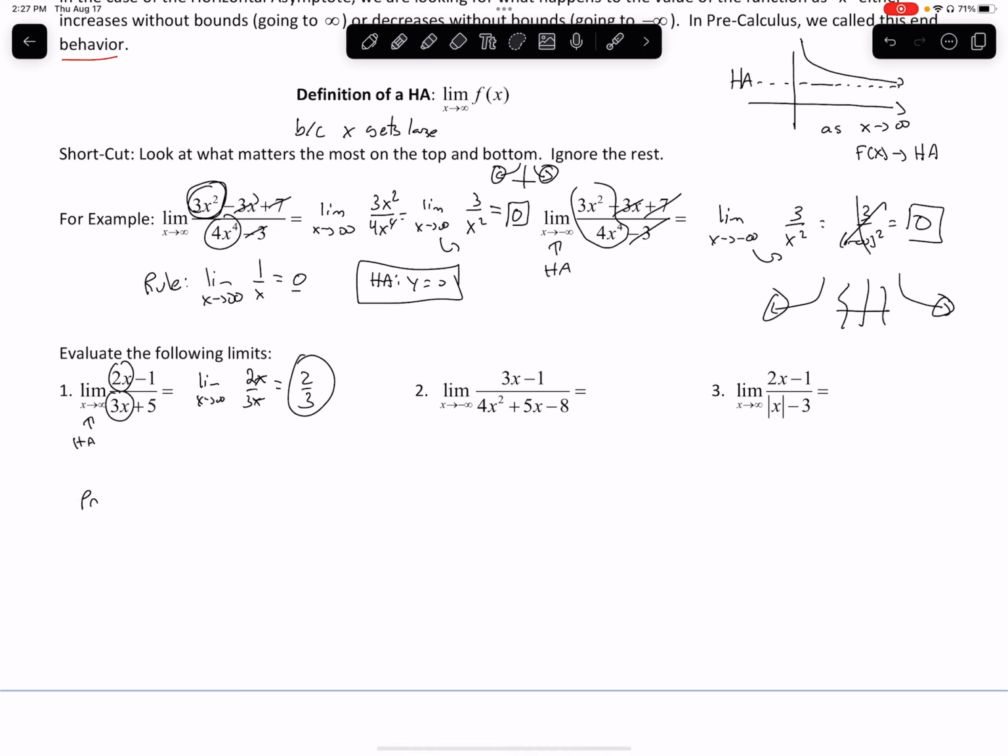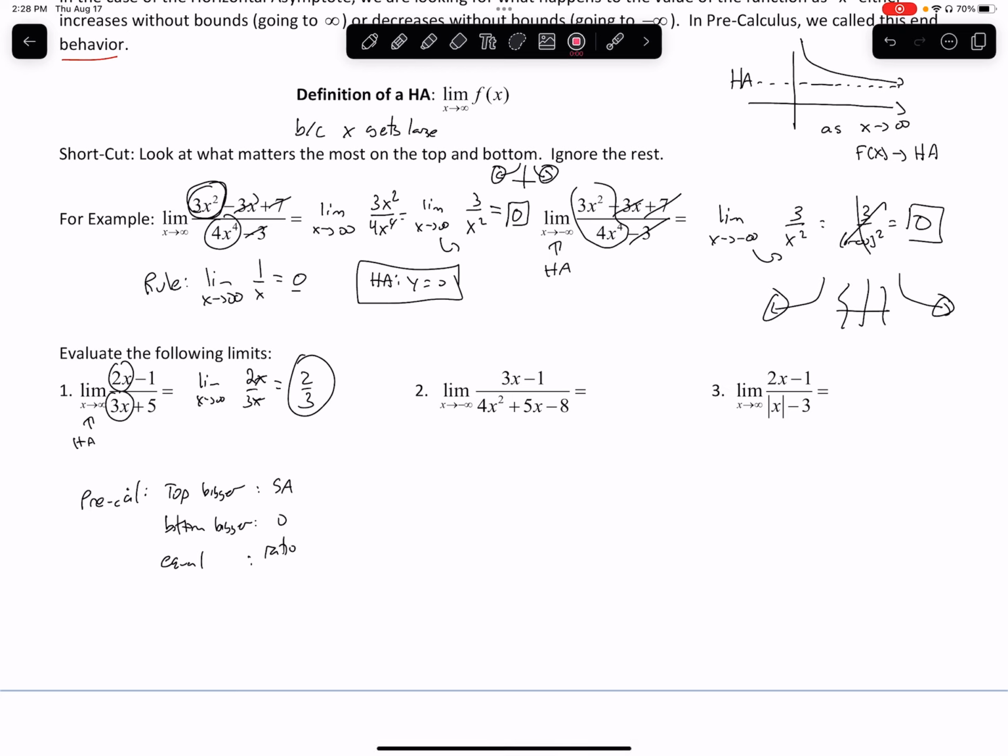So if you start to think, man, this looks familiar to us, it should. From pre-cal, we learned that if the degree on top is bigger, we have a slant asymptote. But if the degree on bottom is bigger, we said the horizontal asymptote was 0. And if the degree was equal, we know that it's just the ratio of the largest coefficients.